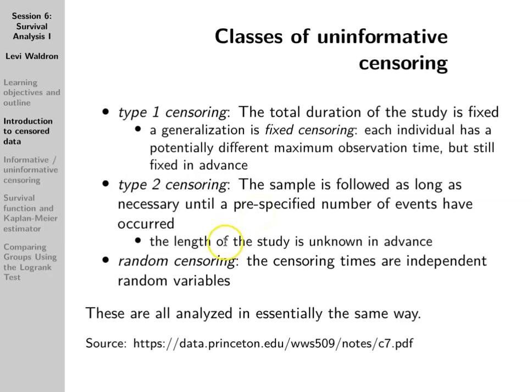All of these distinctions are not actually that important to you, most likely, because they're all analyzed in essentially the same way. They may make a bit of difference, at least the left, right, and interval censoring, in how you set up the data, but the analyses are the same.